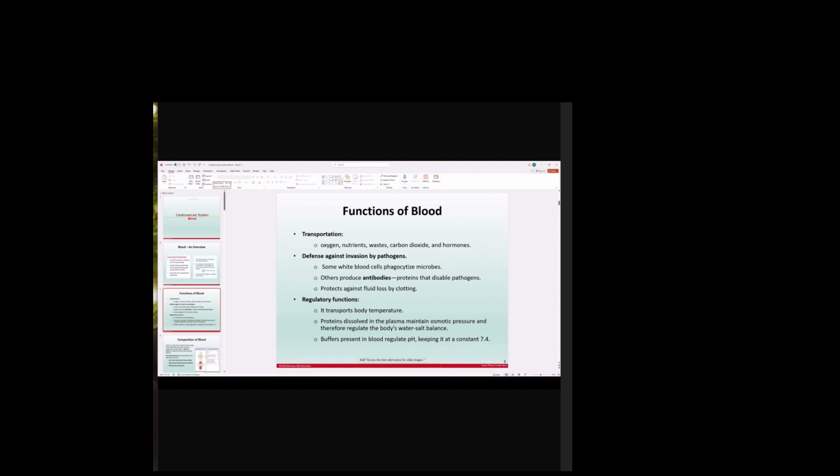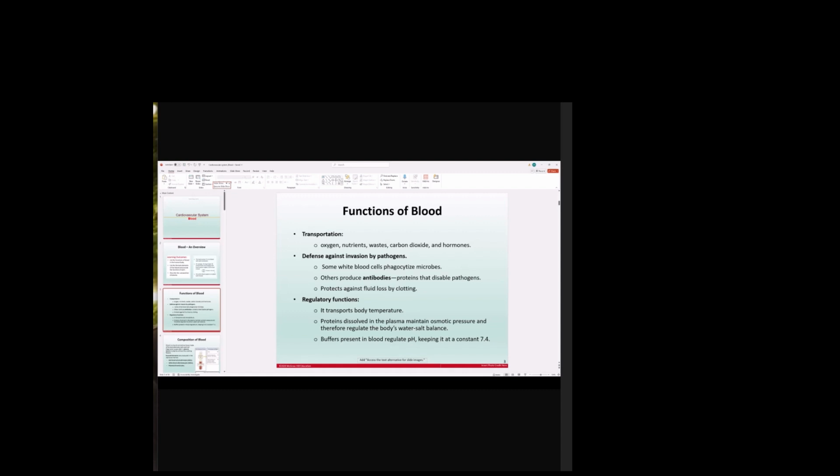In terms of function, blood does transportation. Then you will say, what does it transport? Oxygen, nutrients, waste, carbon dioxide, and chemicals like hormones. It also helps us fight diseases, defense against pathogens.